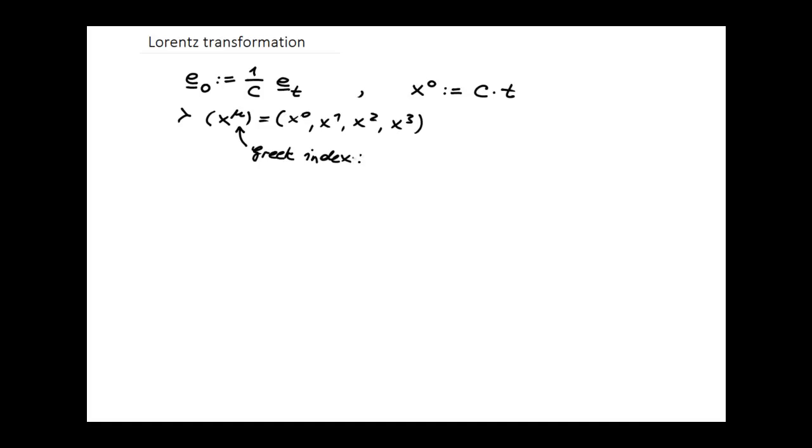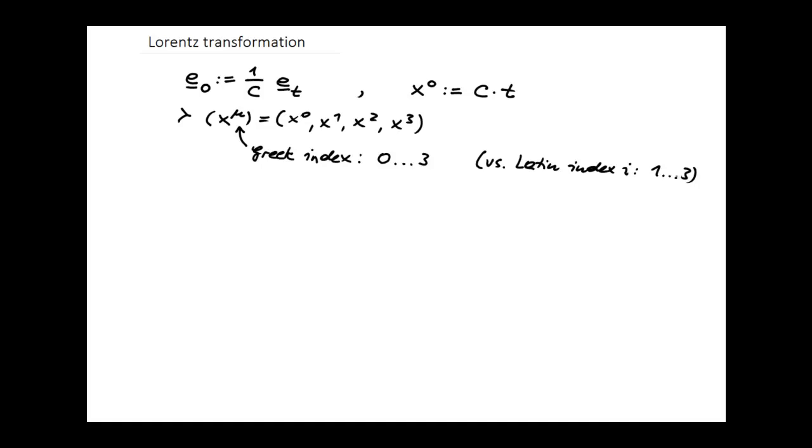A Greek index always means this is a component of a 4 vector, and the value of that index goes from 0 to 3, versus a Latin index, for example i, which goes from 1 to 3, and therefore relates to the spatial components only. So Greek indices are space-time vectors, go from 0 to 3, and Latin are ordinary space, go from 1 to 3.